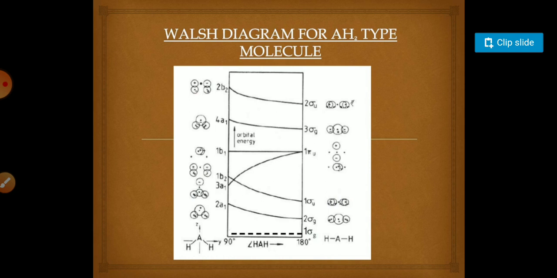In this kind of molecule, you can see the symmetries for the orbitals present on the AH2 bond angle and the AHH bond angle. For this kind of arrangement, you can see the gap between the orbital energies of the A1 and B1 symmetries.